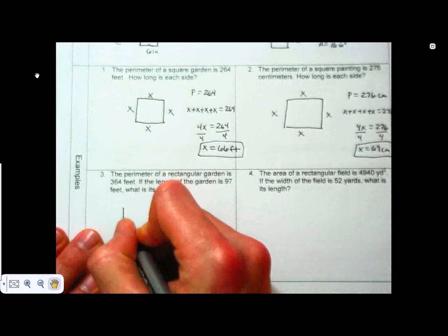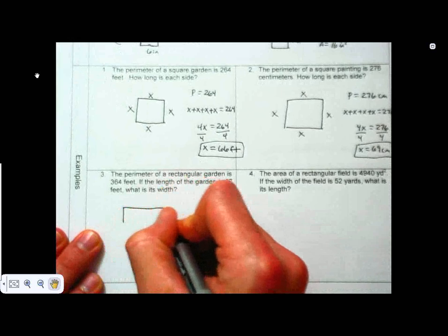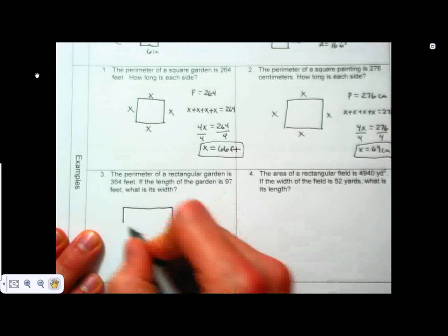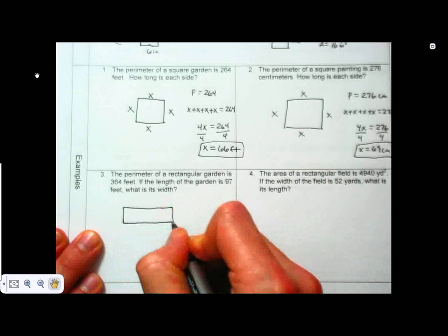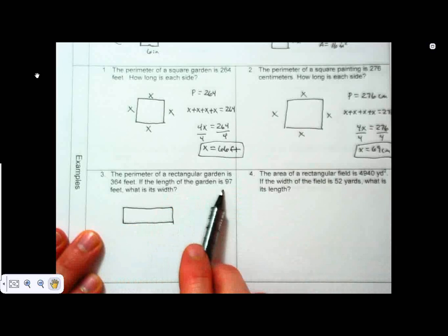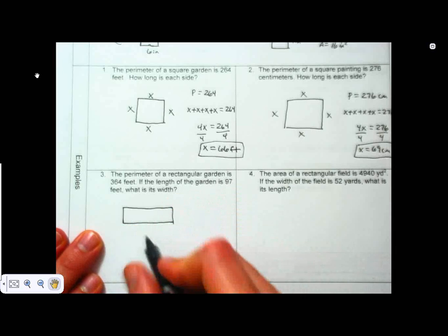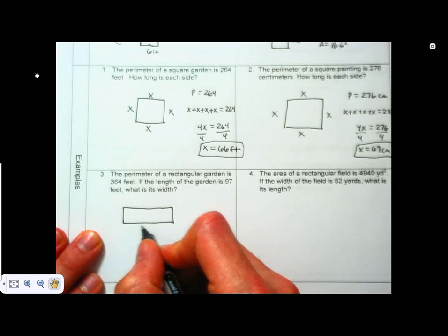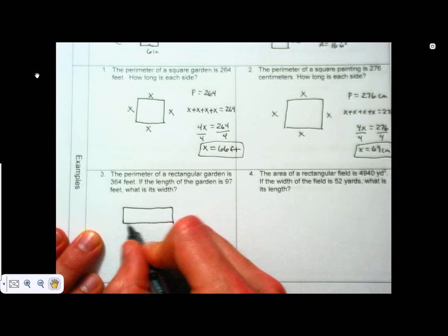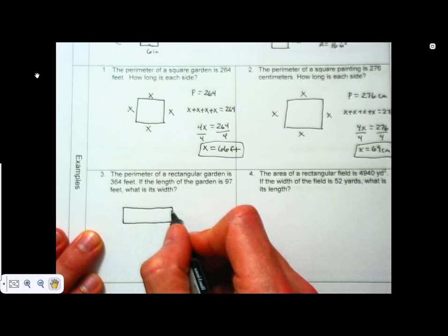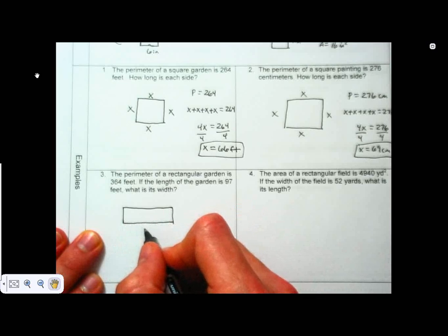Okay, now notice number 3, it's no longer a square, it's a rectangle. What they're saying is the length of the rectangle is 97 feet. What's the width? Whether I label this side 97 or this side 97, it doesn't make a difference.